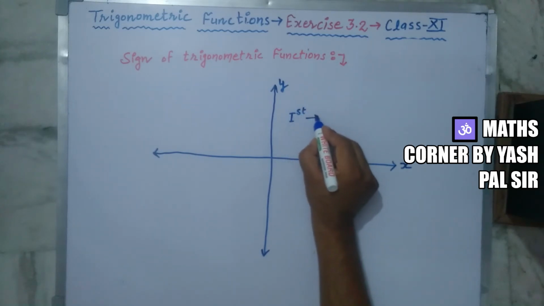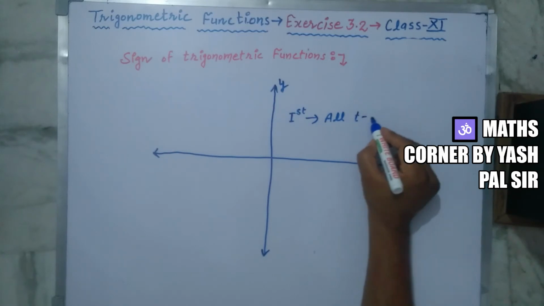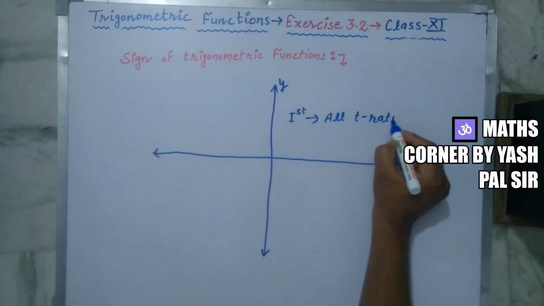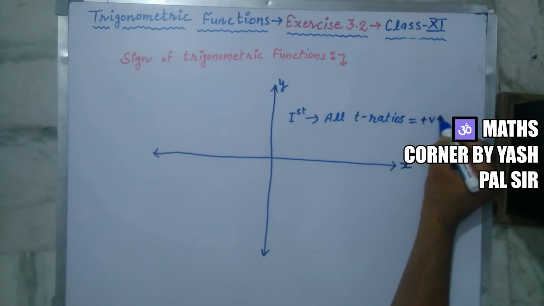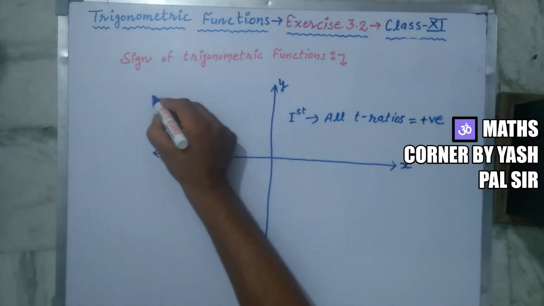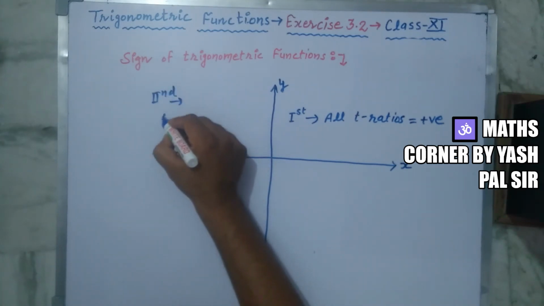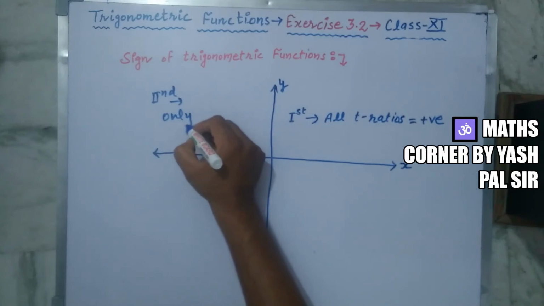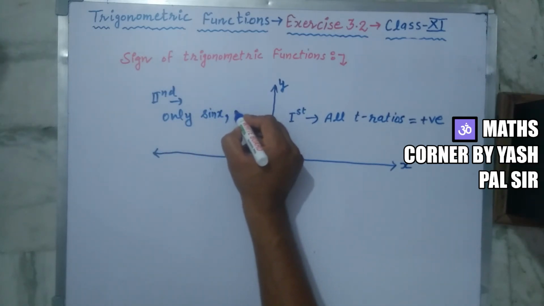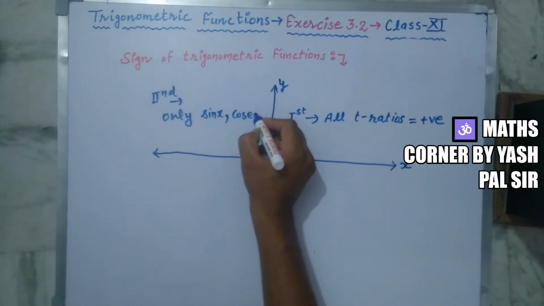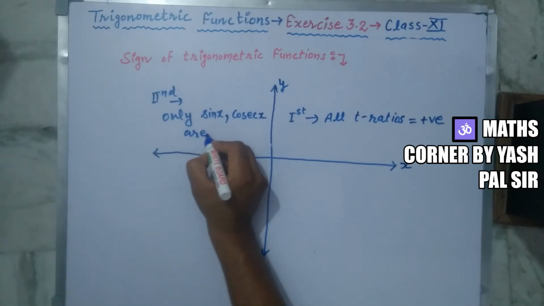In the first quadrant, all trigonometric ratios are positive. In the second quadrant, only sine and its reciprocal, that is cosecant x, are positive.